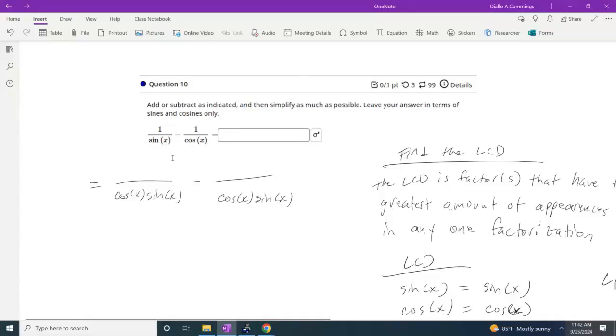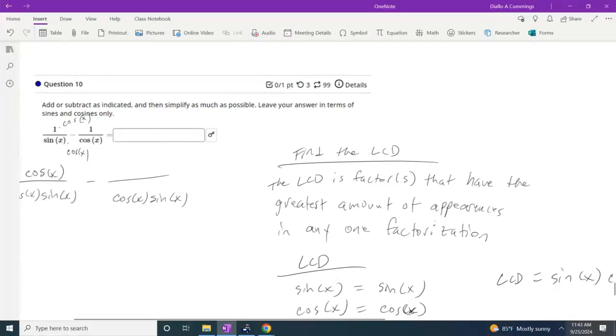Cosine. Whatever you multiply the bottom by, you have to multiply the top by that same quantity. Since I multiplied the bottom by cosine x, I have to multiply the top by cosine x. So 1 times cosine x is cosine x.